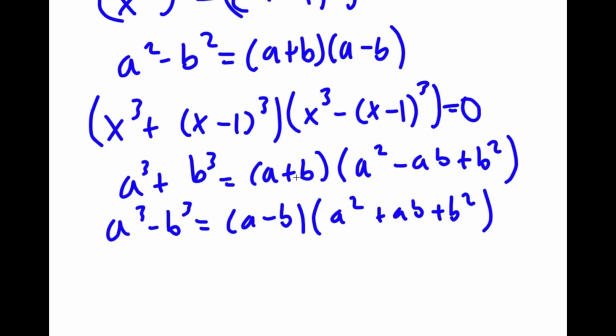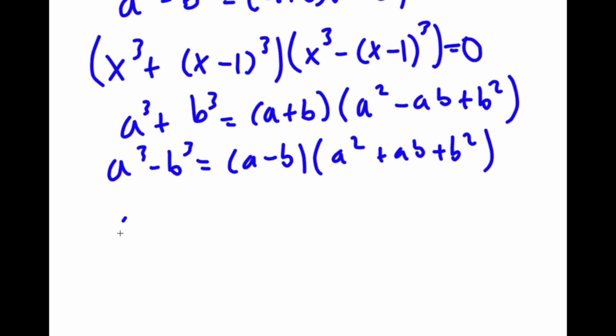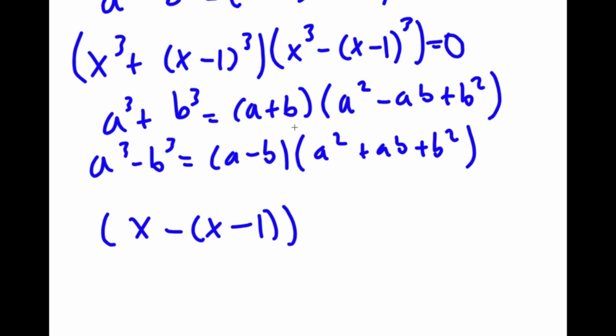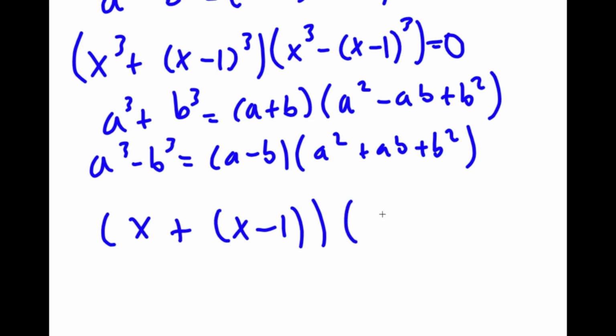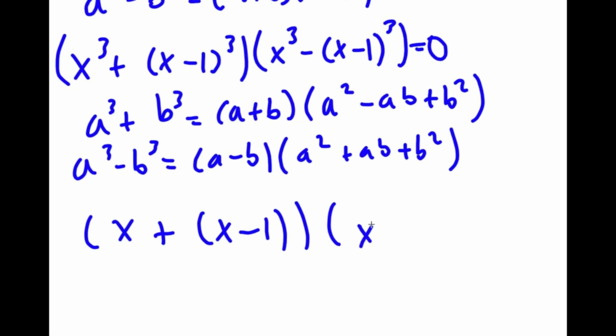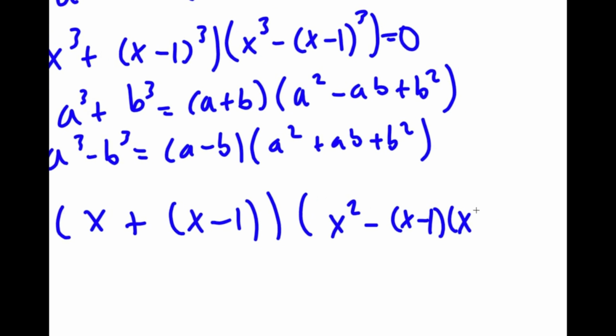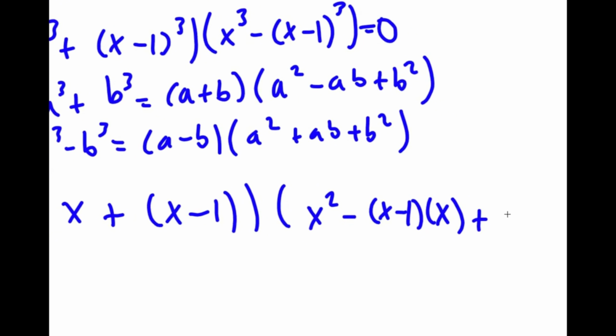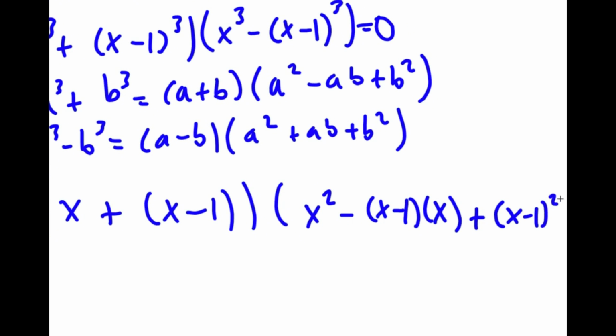So I'm going to rewrite this as (x plus (x minus 1)) times (x squared minus x times (x minus 1) plus (x minus 1) squared).